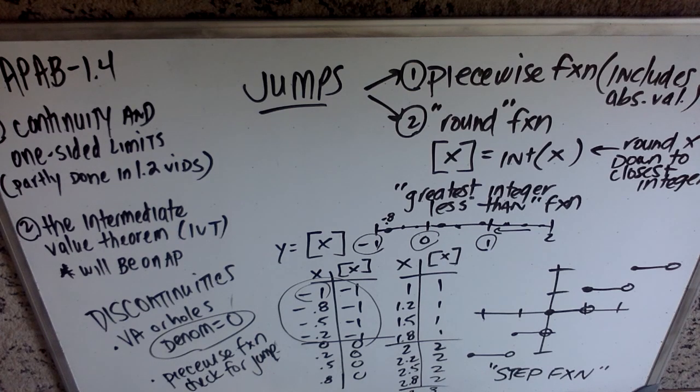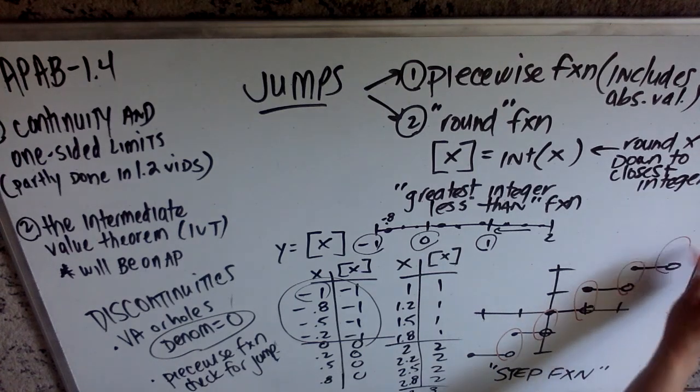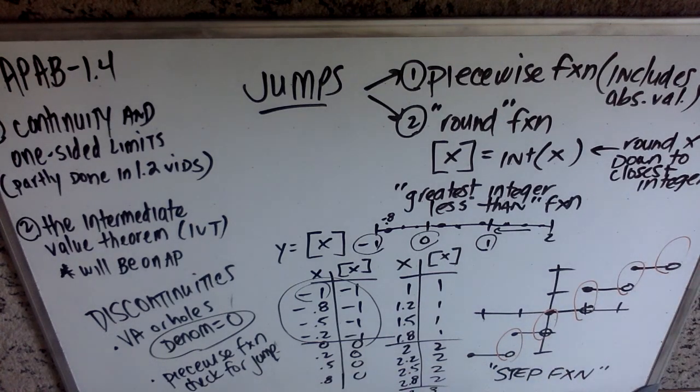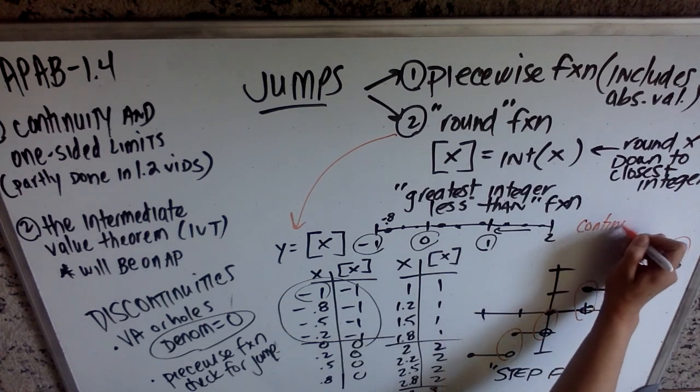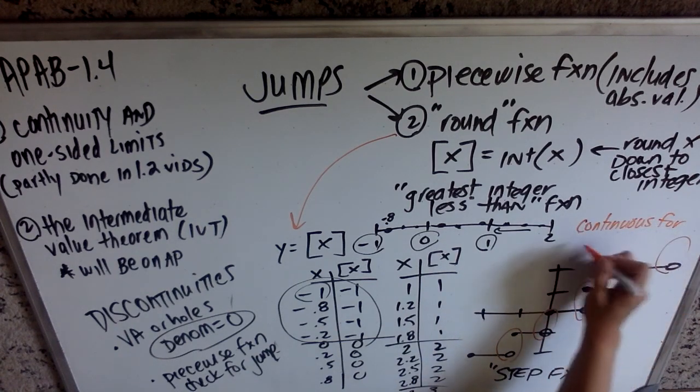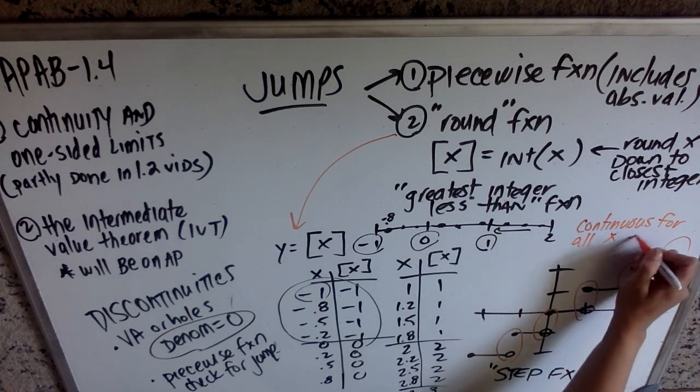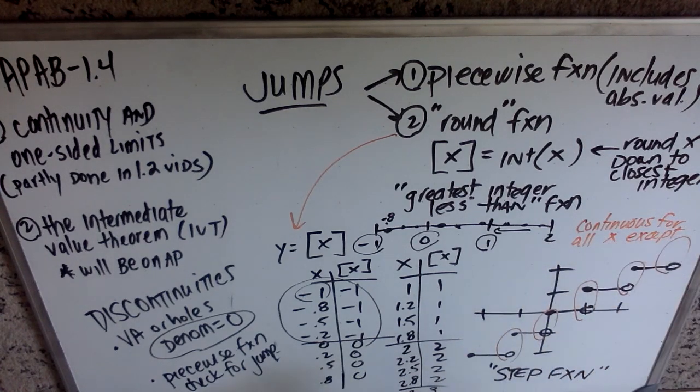So if you have a step function, I want you to notice that this doesn't just have one jump discontinuity. If I were describing the continuity of this function, I would have to say that this thing is discontinuous at every single integer, right? This thing has a jump forever and always at every integer. So if I were asked to describe the continuity of this rounding function right here, I would say that this is continuous for all x except, and then you can actually write this in sort of a clever way.